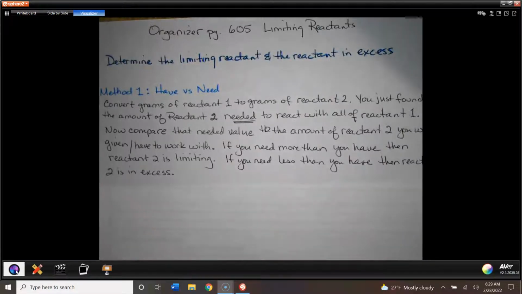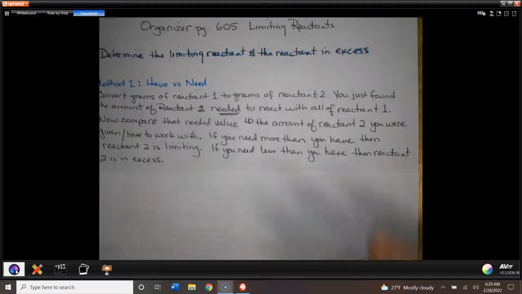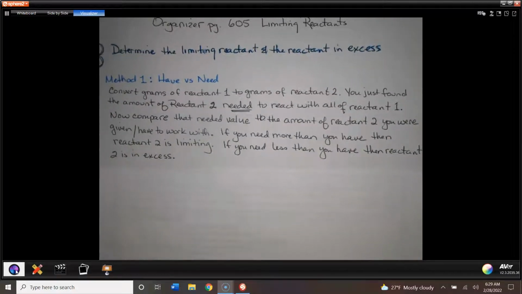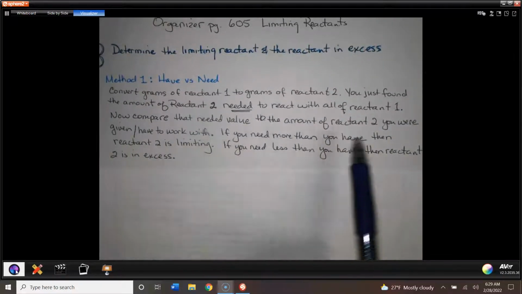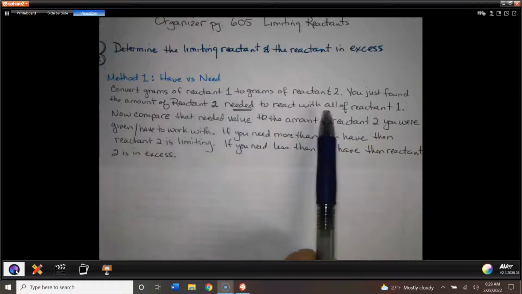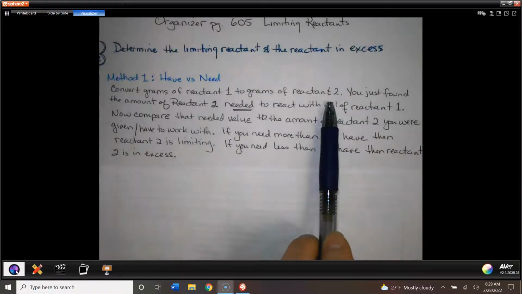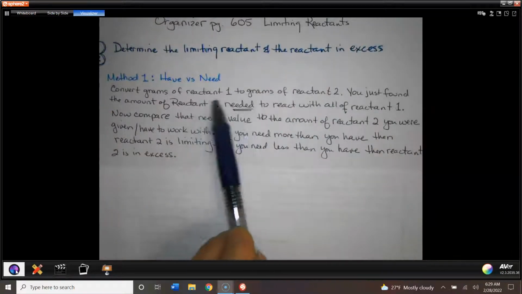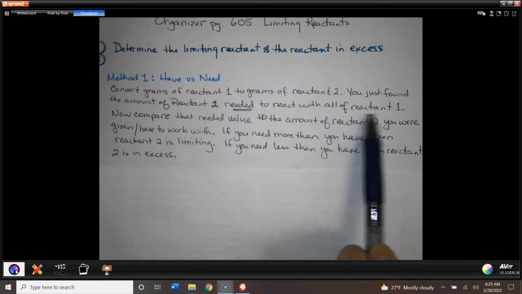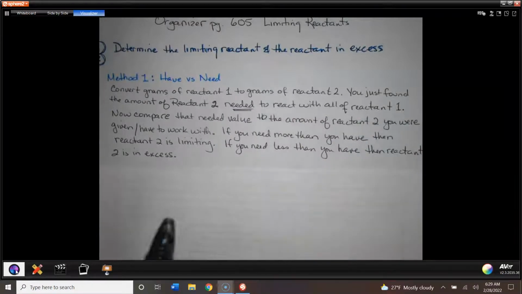And so here's the idea. Let me push this up a little bit because you can't see everything. Okay, so we're going to convert grams of one reactant into grams of the second reactant. This is the quantity that you would need to react with all of reactant 1. We already know how much we have, so you're going to compare those two.